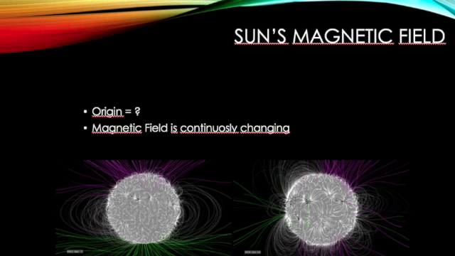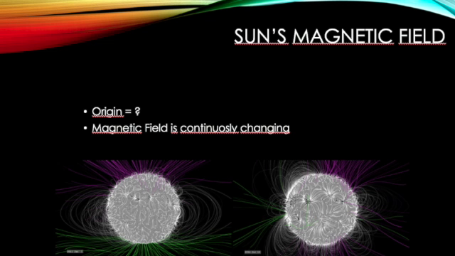The Sun's magnetic field. Scientists are not certain in which part of the Sun the magnetic field is created, as it could be close to the solar surface, deep inside the Sun, or even in different layers of the Sun.